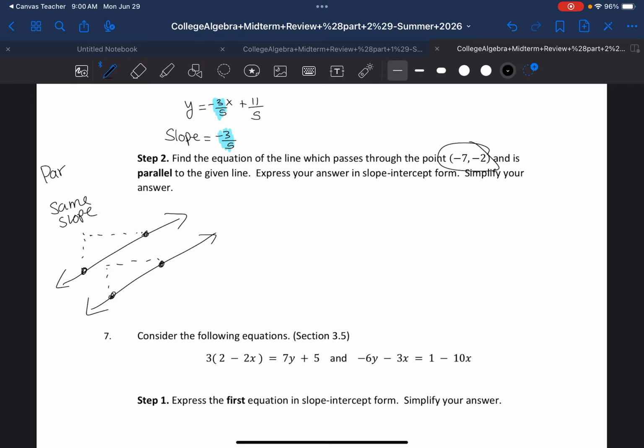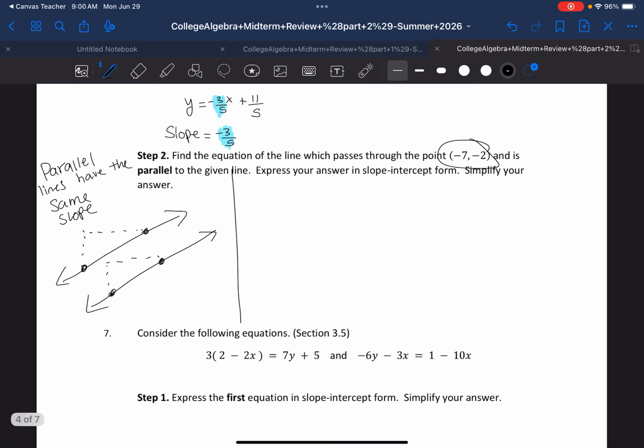So parallel lines have the same slope. That's what we need to know here. Okay, so the slope of this new line that we are going to find is also going to be -3 over 5 because it'll have the same slope as that other line.